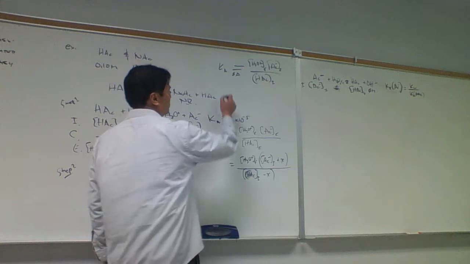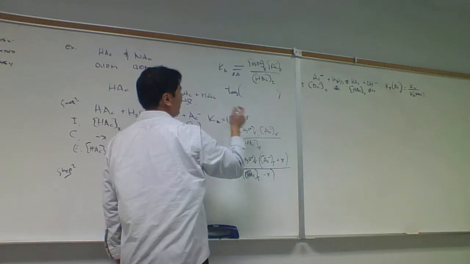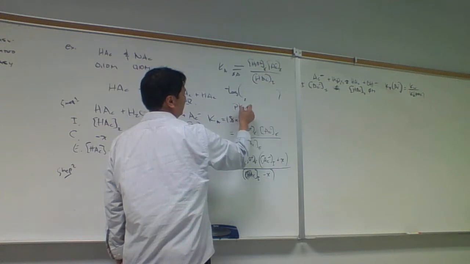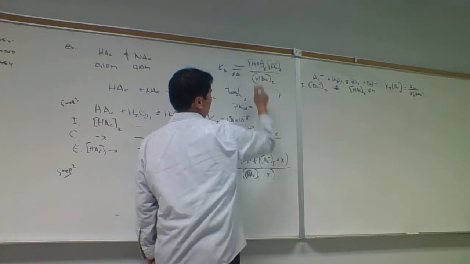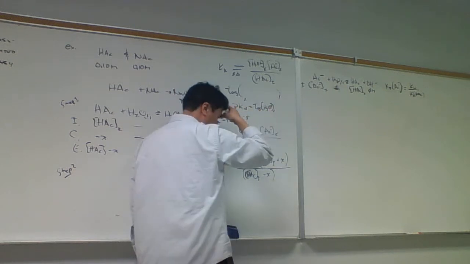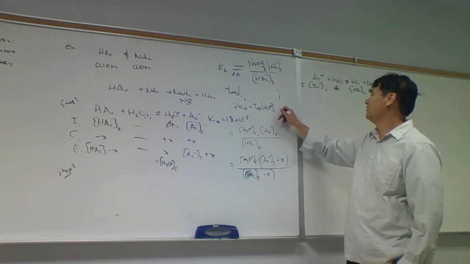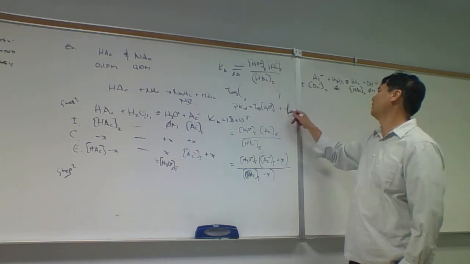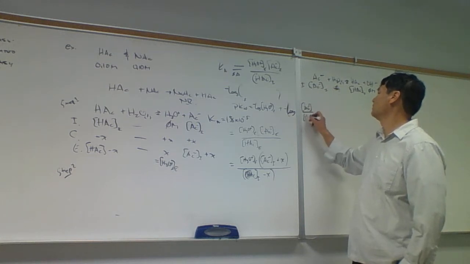Now I'm going to take the log of both sides, in fact the negative log of both sides. So if I take the negative log of the whole thing, we're going to get the pKa is equal to the negative log of hydronium at the end of step 1, and we have to make one more assumption, plus the negative log of the acetate to acetic acid.